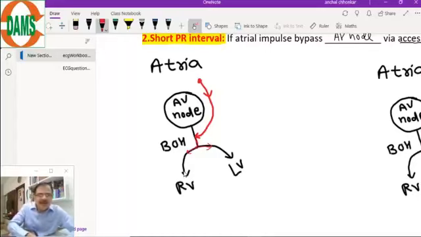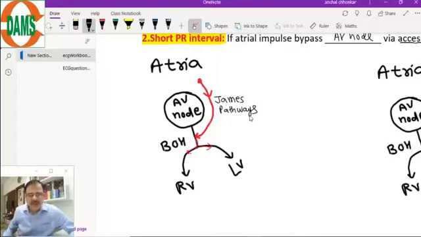So in this condition, the atrial impulse is bypassing the AV node, and both ventricles are getting depolarized simultaneously. This pathway is not bundle of Kent. This pathway is known as the James pathway.